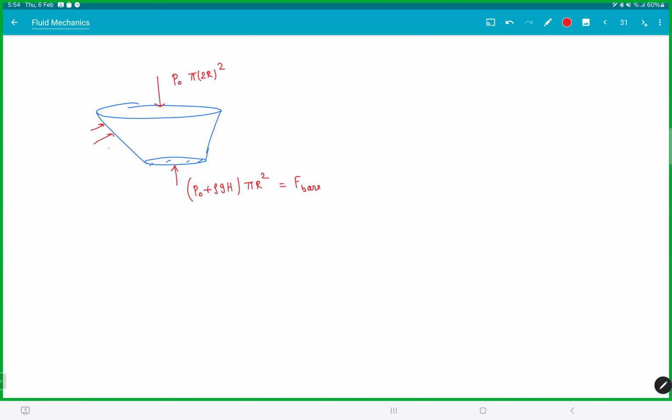The side walls are pushing this way. By symmetry, the horizontal components will cancel. Only the vertical components will remain. So this is your F side walls, and your mg. That's it. There are four forces, everyone.